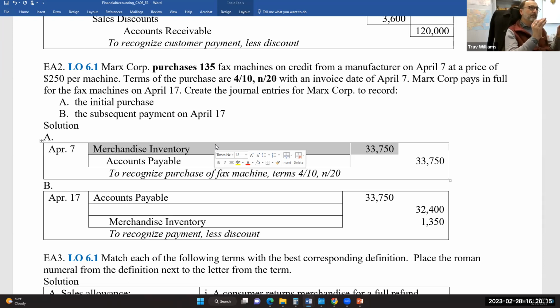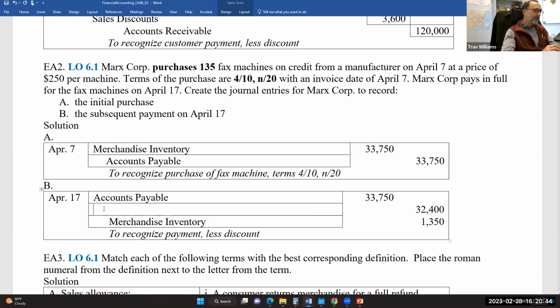So when we make the purchase, we always journalize it for the full price. And then later, if we do pay on time, we reduce the cost of merchandise inventory with the credit for the amount of the discount, if we're using the perpetual method, okay? It's different with periodic. Okay, so the amount of the discount is a credit to merchandise inventory.